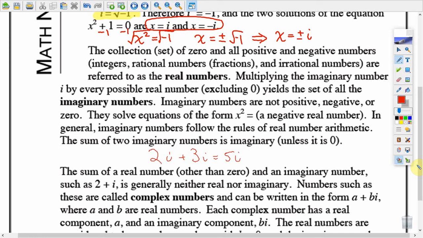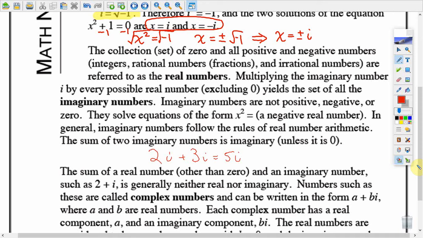Multiplying the imaginary number i by every possible real number except for 0 yields the set of all imaginary numbers. If we multiply by 0, we get 0, which is a real number, so that would be outside the imaginary set. Okay? Imaginary numbers are not positive, negative, or 0. They're imaginary numbers. They're a separate thing. They solve equations in the form of x squared equals a negative real number.